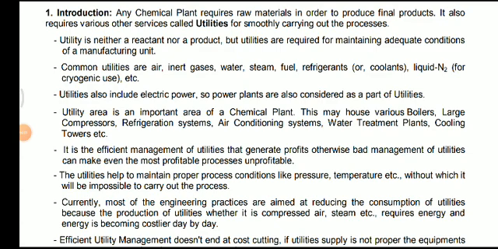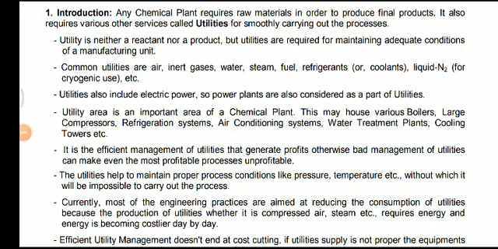So common utilities are air, inert gas, water, steam, fuel, refrigerant or coolants, liquid nitrogen for cryogenic use, etc. These are the common utilities used in the chemical industries. Utility also includes electric power.